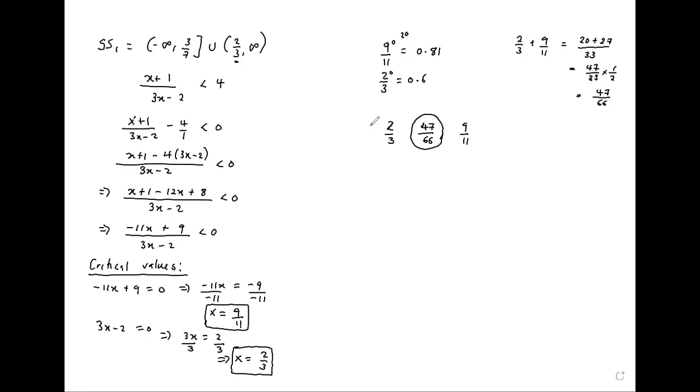A number bigger than 9/11 is 1, less than is 0, and then we get -11x + 9, also 3x - 2. So 3 into 33 is 11, not 10. It's not 20, so it's 11. Yes, 22 plus 27.